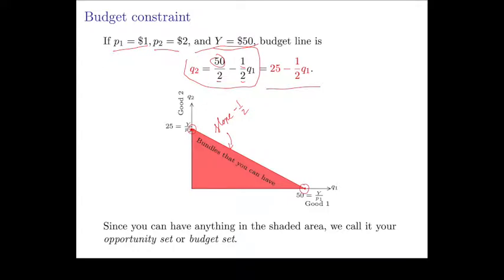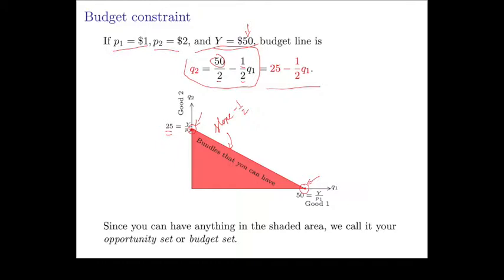Now, look at these corners here. What do these corners represent? This corner here represents the bundle that you could buy if you only bought good 2. So if you bought only good 2 and you have $50, and if you spend all $50 on good 2, well, you could buy 25 units of it. This corner represents buying only good 1.